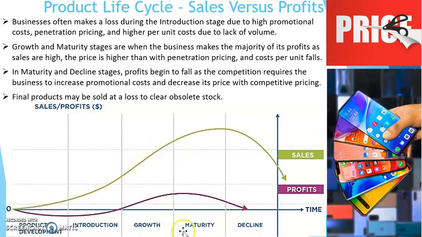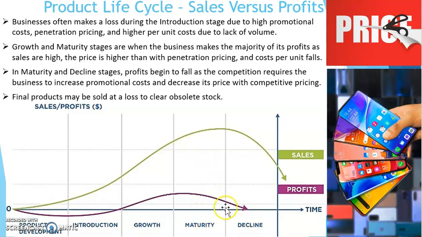As they do that, their profit per unit rises, and also as the volumes increase, their costs per unit falls, which means that rising price and falling costs per unit is going to add to an increase in profits.